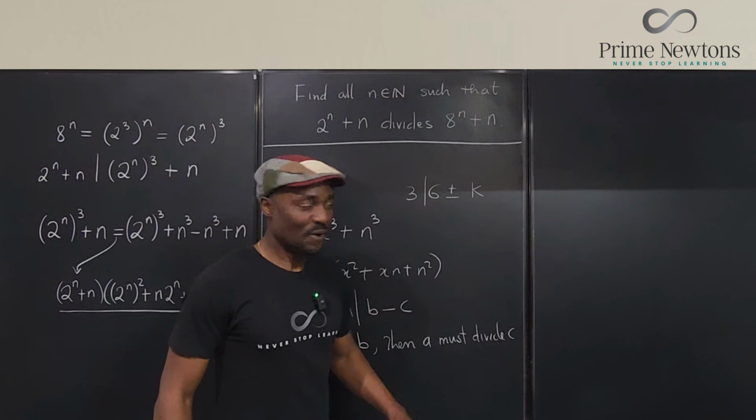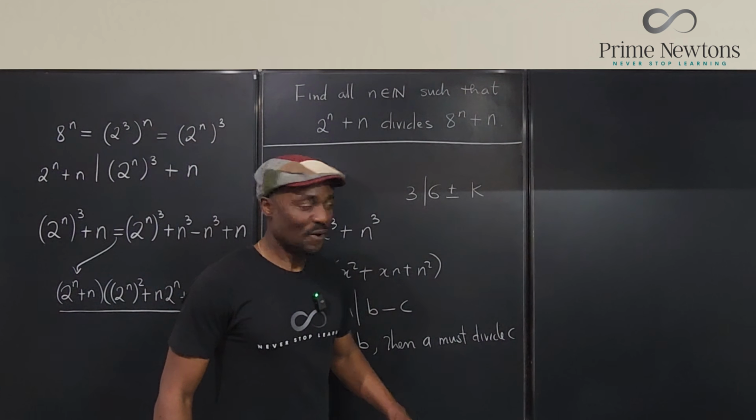I'm going to go back and rewrite it in the original form, which is n cubed minus n. Yeah, because I need that. N cubed minus n. So now this is easier for me to deal with. How do I know it is easier to deal with? I can make some claims now. Watch this.